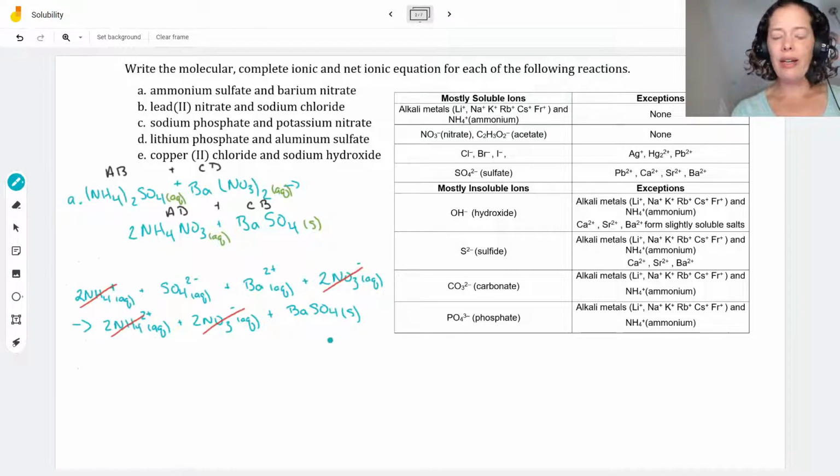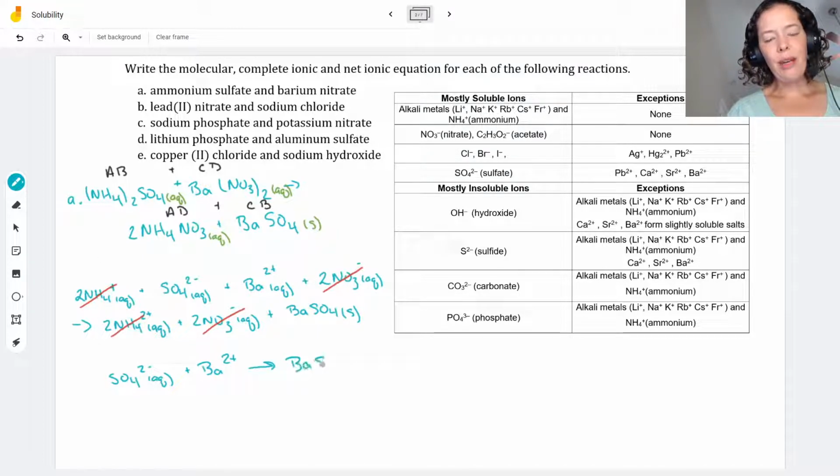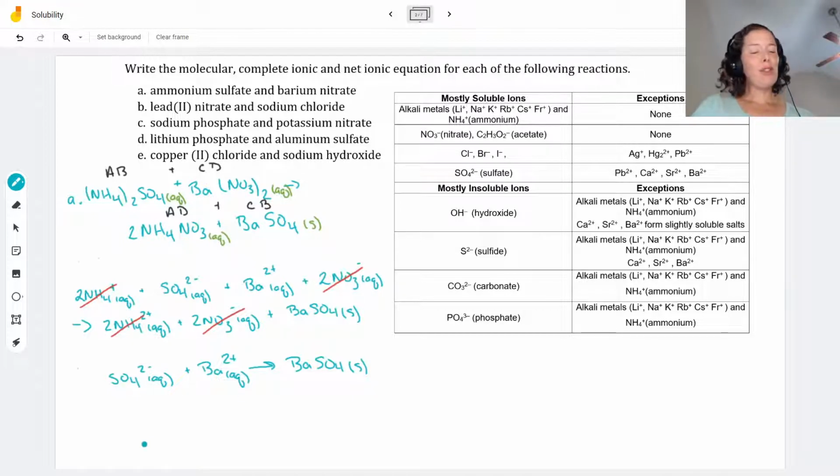Okay, so the net ionic equation for this is going to be my sulfate plus my barium, and that is going to give me barium sulfate solid. Oops, I forgot my aqueous on my barium ion. Double check, make sure it's balanced. Yes, it is balanced.